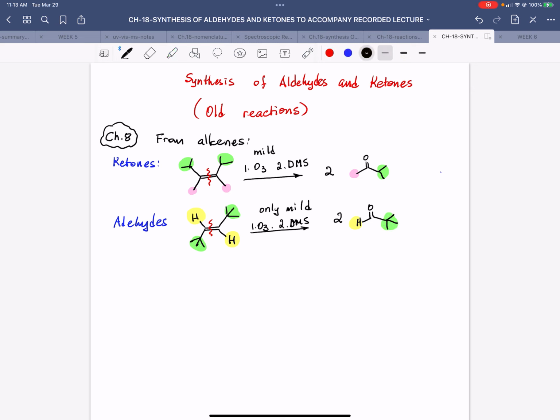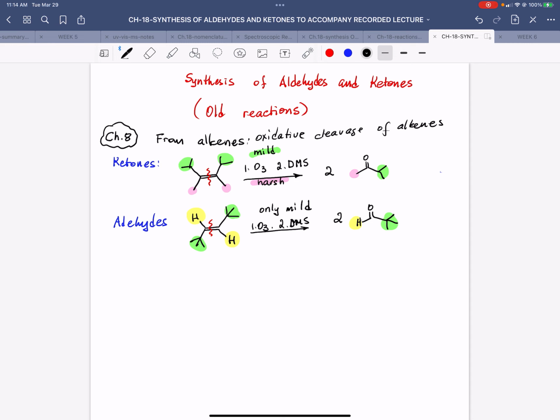So this reaction, just to remind you, was the oxidative cleavage of alkenes. And as I've mentioned, for ketones, you could use mild or harsh conditions.